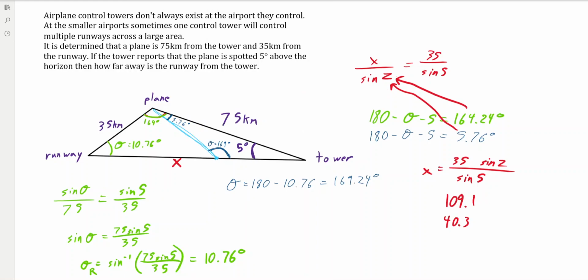And that's not degrees, these are kilometers. My bad there, those are kilometers.